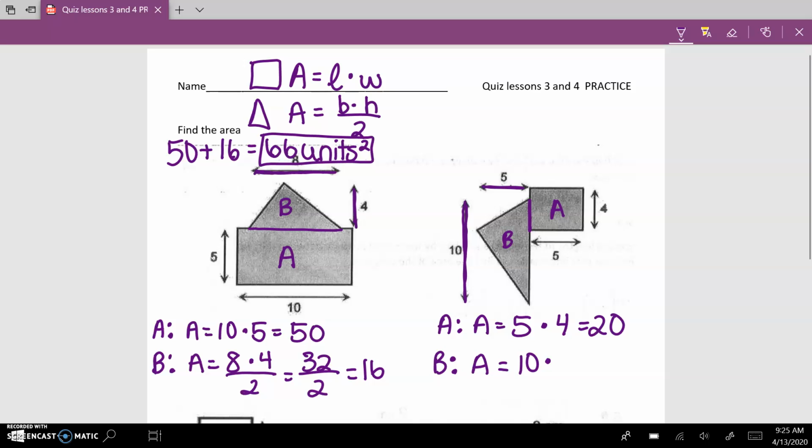You might have to rotate your paper, which is 5, divided by 2. So I'd get 50 divided by 2, which is 25. Now I have to add them together. 20 plus 25 gives me 45 units squared.